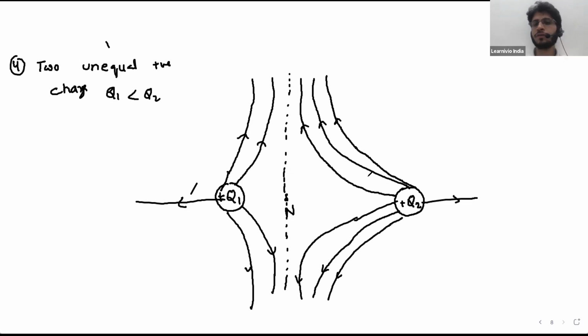So see, Q2 has 7 field lines and Q1 has 2 field lines. This shows that the magnitude of Q2 is greater than that of Q1. Okay, note it down. Then we'll draw field lines for a conductor.